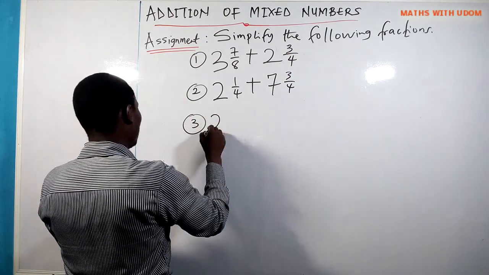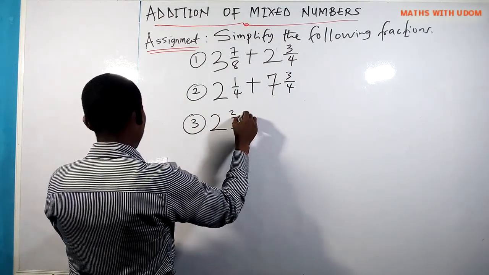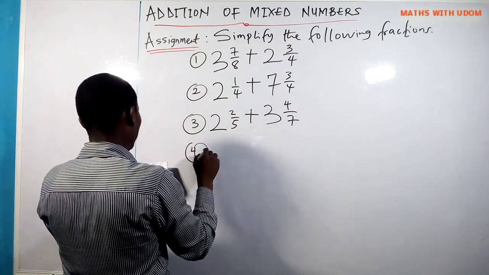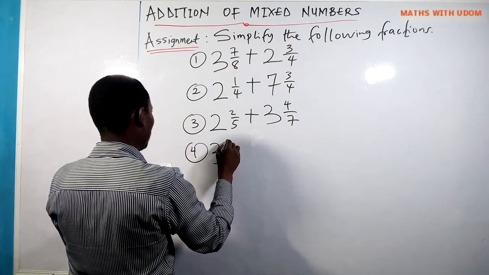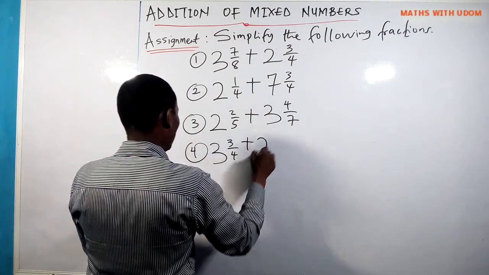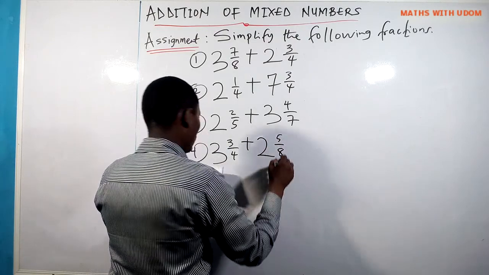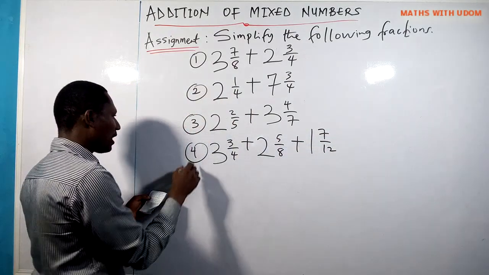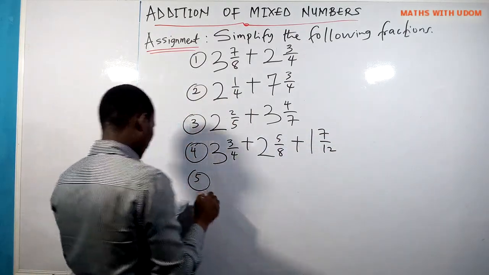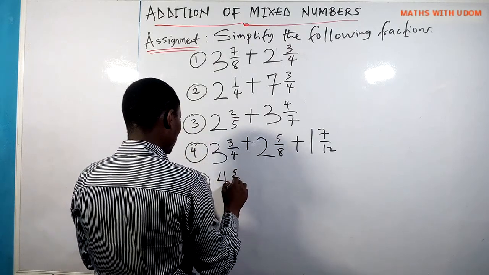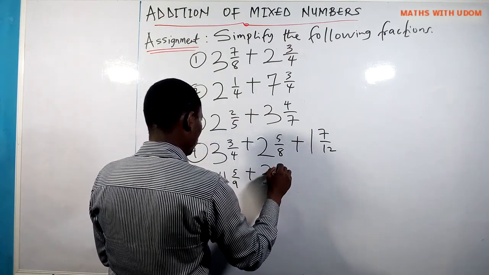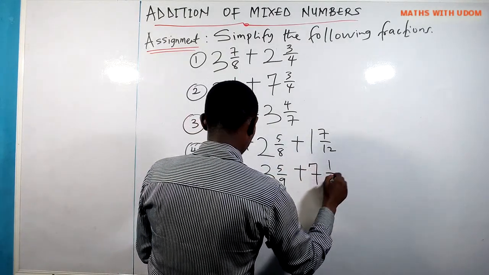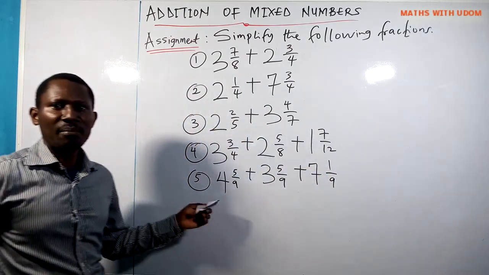Number 3: 2 whole number 2 over 5 plus the next one. Number 4. Then the final one, number 5. So these are your assignments for this week.